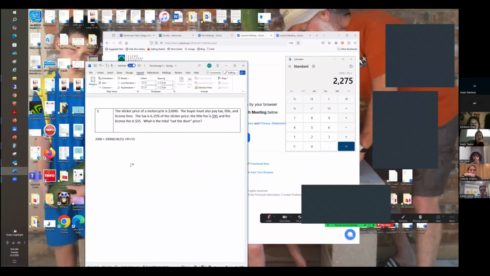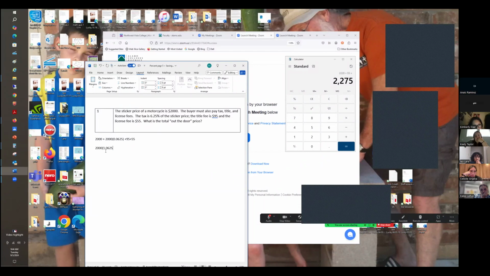When you take 6.25% of the sticker price and you add that to the sticker price, see this first 2,000, that is 100% of the sticker price. And then the tax is 6.25% of the sticker price. You actually get the same answer if you take 2,000 and you multiply it by 1.0625.